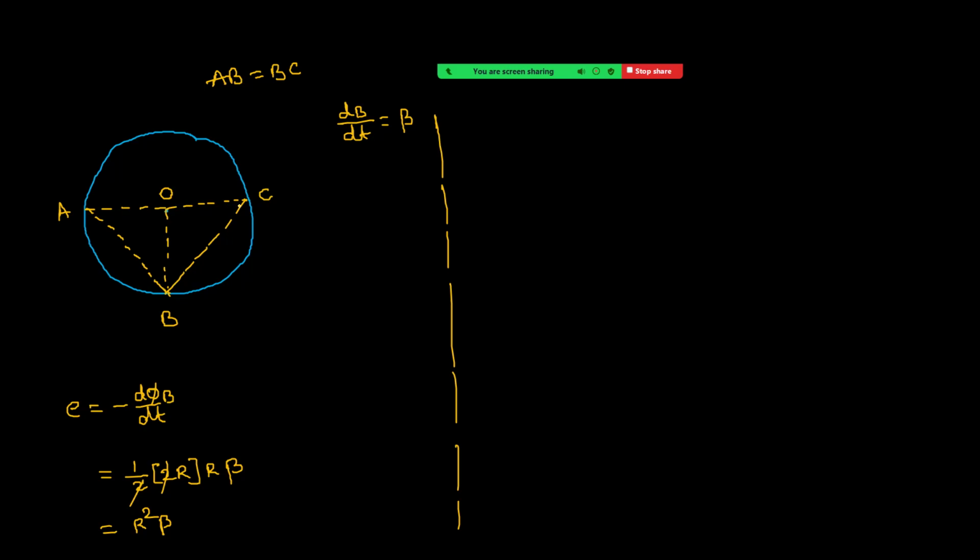AC and BC, these two are now removed. Then across AB, what is the EMF induced? Let us make a diagram once again, now having only AB.